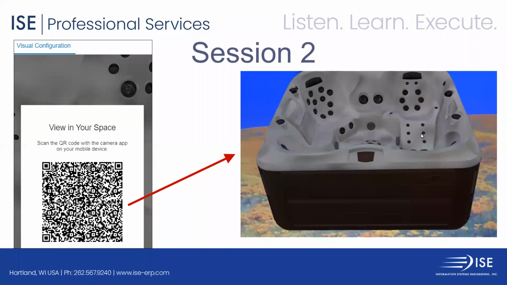So anyway, you may remember we were able to configure that hot tub. We chose the family or the model number, and then we were able to choose the color of the shell, the color of the inner lining, things like that. Once we had all that, we were then able to generate the QR code, and whatever our mobile device was looking at, that image got superimposed on it.